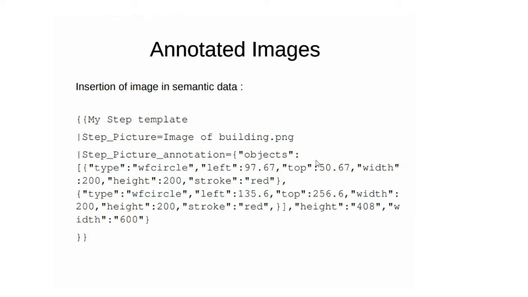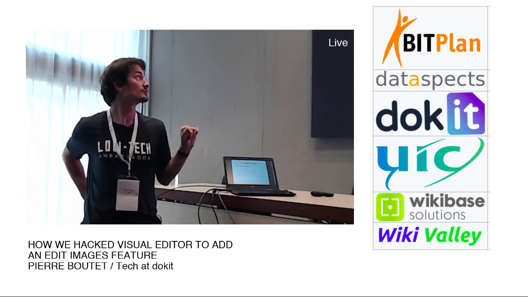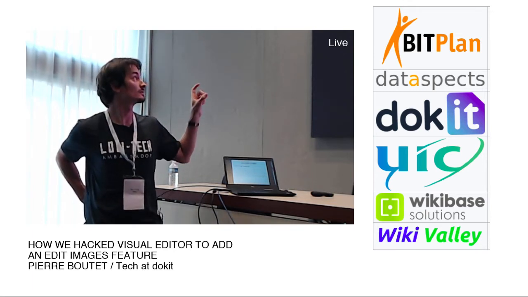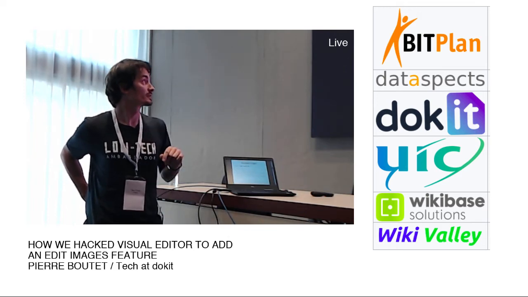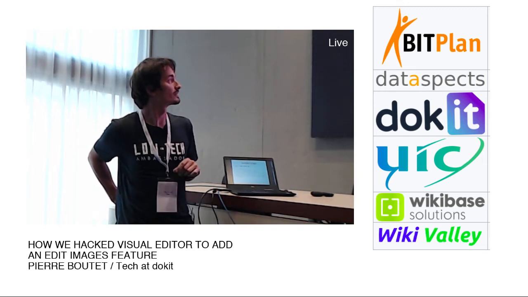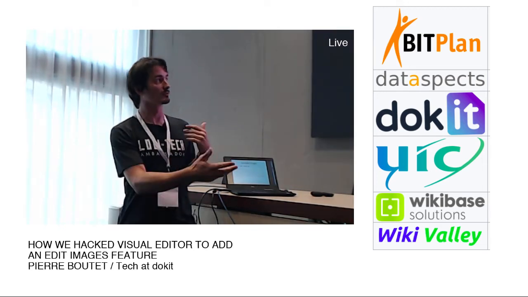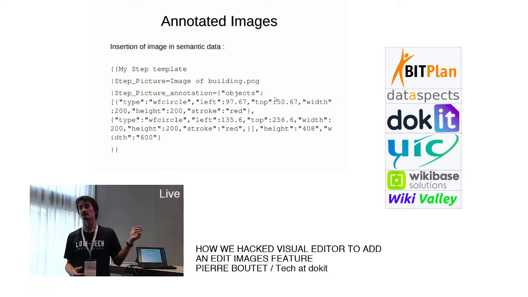In page forms, I simply add small tools to edit the image, and it adds another field, step picture annotation. Here I cut it a little to have less information, because in reality it's a little bit longer. The annotated data is stored in Semantic MediaWiki like that.